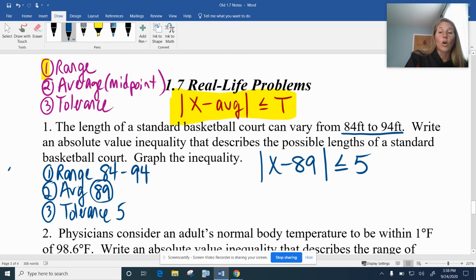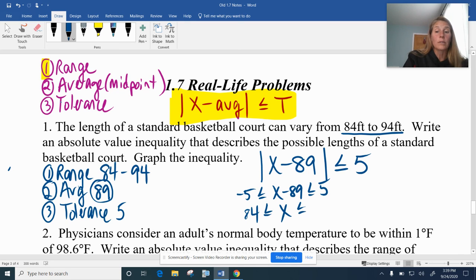Now, if you were to solve that, you would get two numbers. You would have to add 89 to 5, and, well, this is a less than, right? So it'd be an and problem. You'd have the -5 over here, and then you would add 89. Over here, when you add 89, you get 84. On the other side, when you add 89, you get 94.